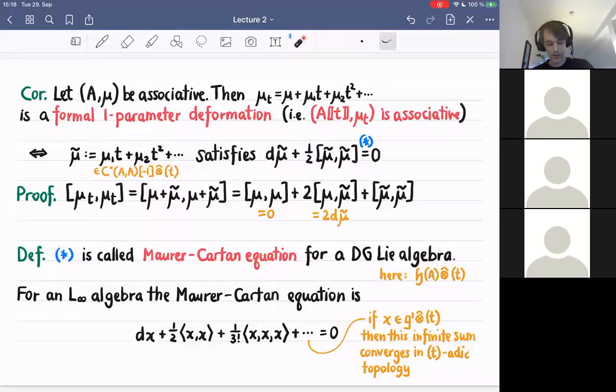Okay, and this equation is called the Maurer-Cartan equation for a DG Lie algebra. And here we've taken the Hochschild Gerstenhaber DG Lie algebra and tensored with this ideal. So this is the maximal ideal in the formal power series ring.